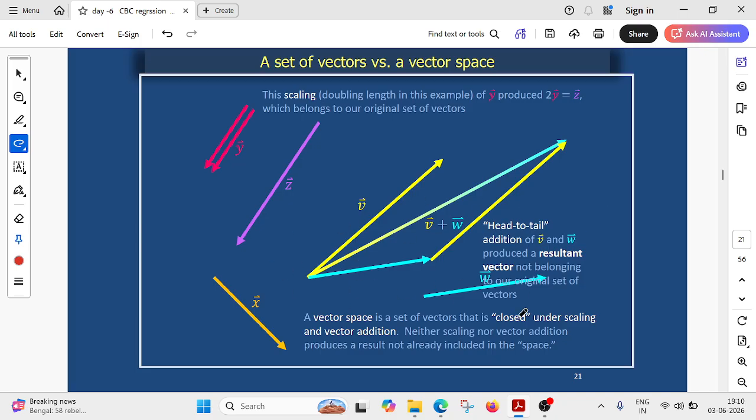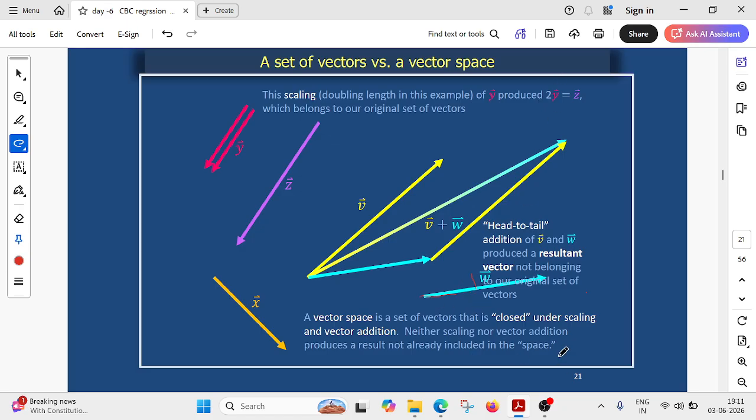This resultant vector does not belong to the original set of vectors. Whatever vector you get is not in the original set. Next, vector space: a set of vectors closed under scaling and vector addition.